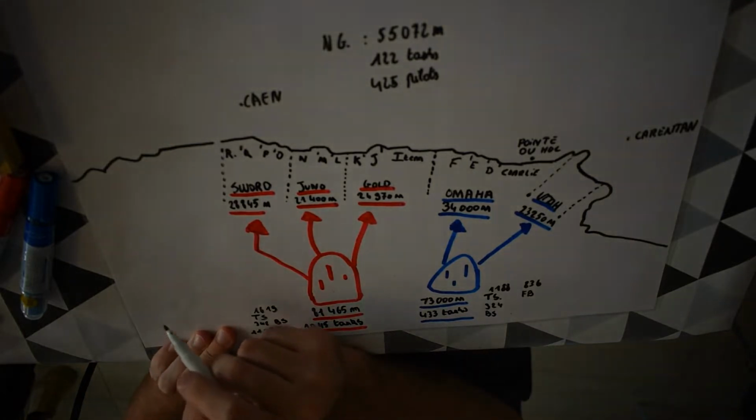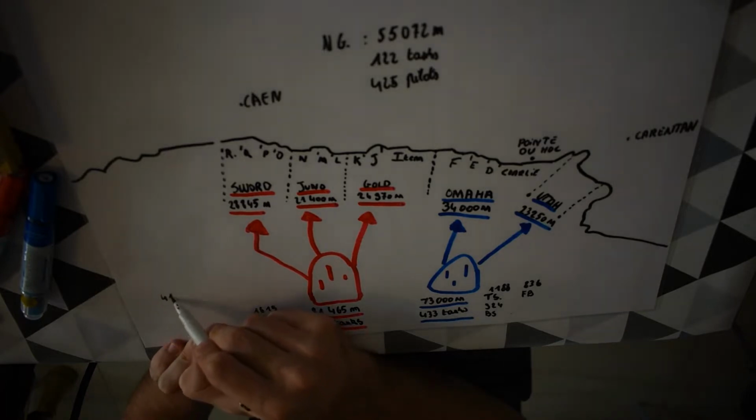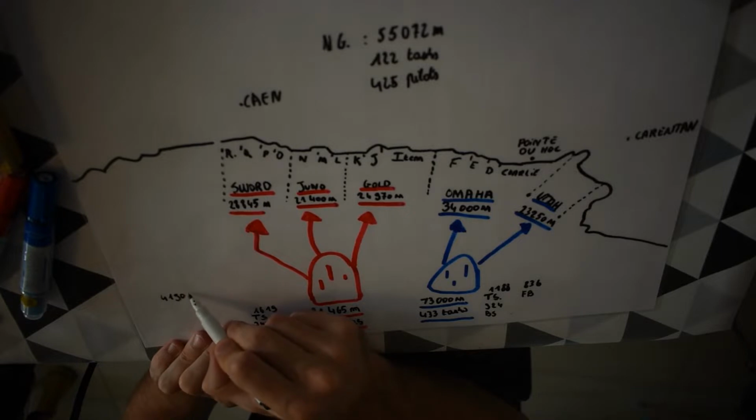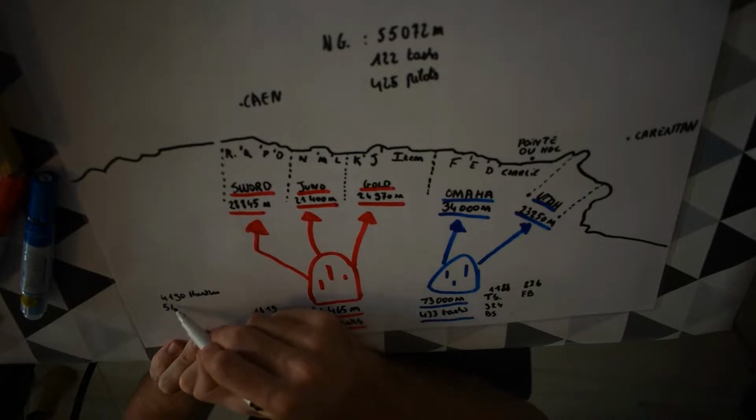In total, they had 4,190 hunters. So I'm guessing the hunters are like fighter planes, dogfighters. They had 520 scout planes.